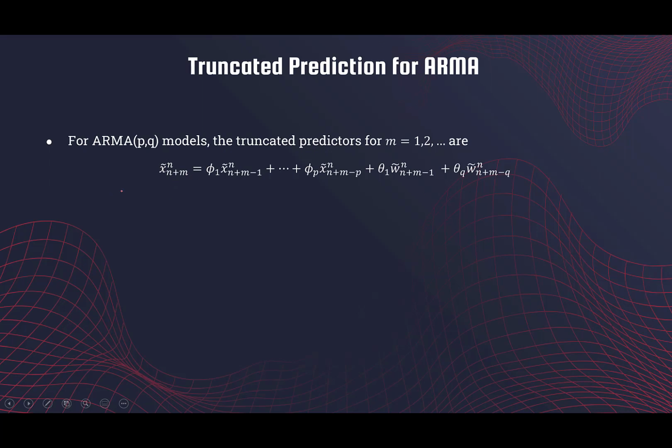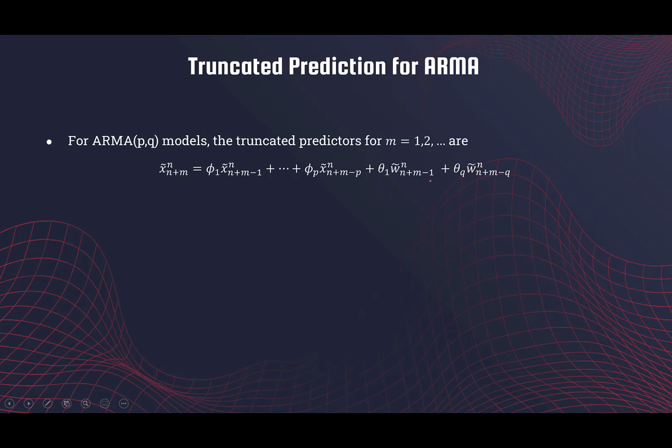So what we're doing here, we have an ARMA(p,q) model. We have x tilde_{n+1}^m, and we are going into the past: we have phi_1 times x one step back, all the way to phi_p, p steps back. So this has the ARMA form, but these are all predictors. You notice we have tilde here, and the same thing here.